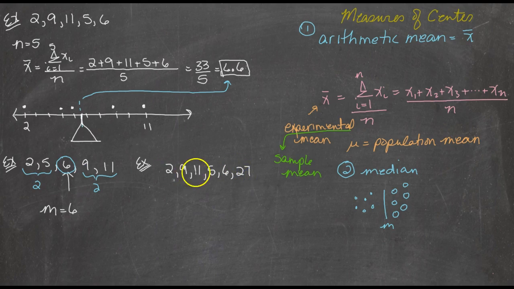Okay, this time again, order them from smallest to largest. 2, 5, 6, 9, 11, and 27. So now if I start at the other end, and I always do this by slashing through, so I take one element off of each end, and then one off of each end, and then one off of each end until I get to the middle. Well, that didn't work for me because I just scratched them all out and I have no middle value.